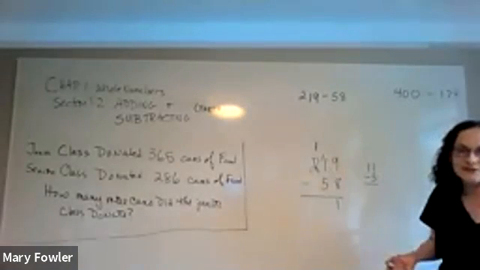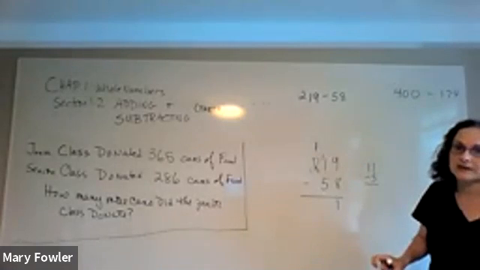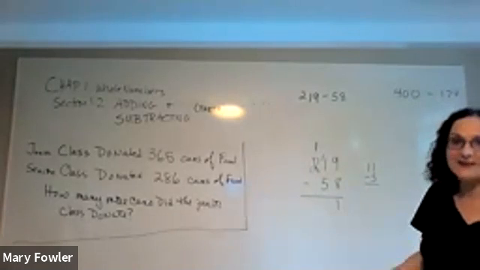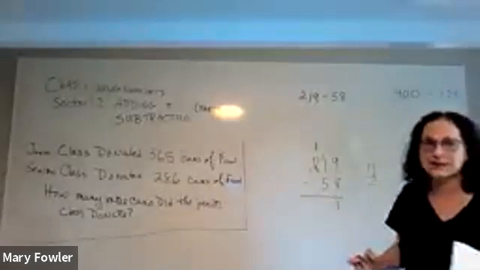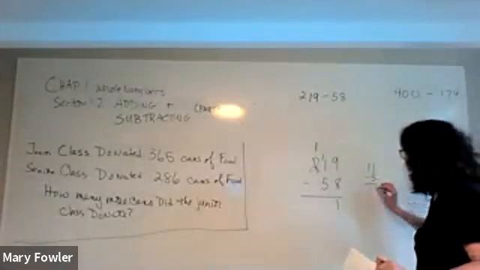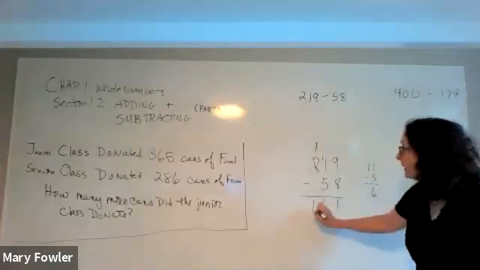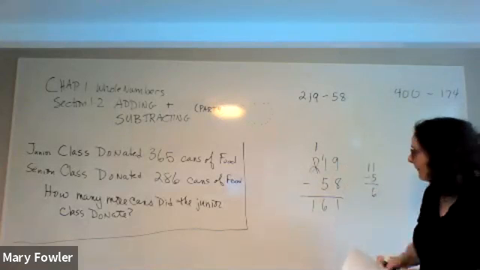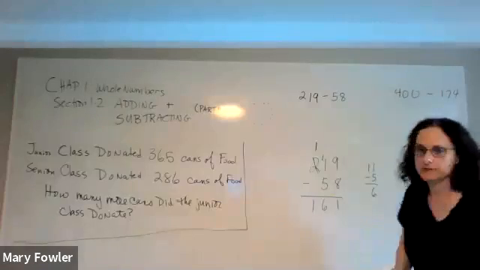Sometimes I do write them over on the side because I can lose track of things when they're all squashed in. And honestly, I get no benefit from having things squashed in and making them harder to get right. So 11 minus 5 is 6. And then I bring down that 1. So 219 minus 58 is 161.